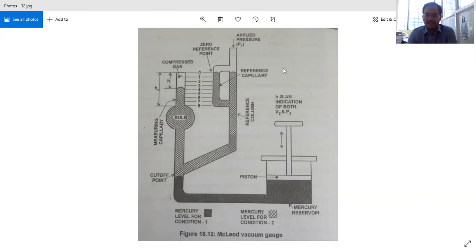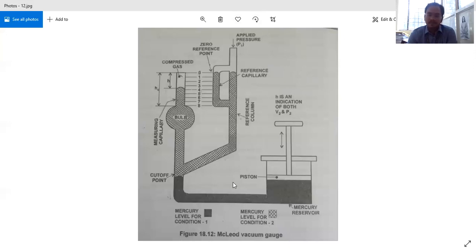Here we maintain temperature constant, where P1 and V1 are the initial pressure and initial volume of the gas, and P2 and V2 are the final pressure and final volume of the gas. By using that formula, we will calculate the applied pressure.